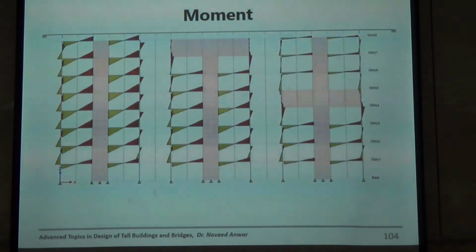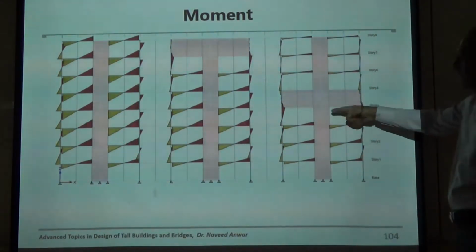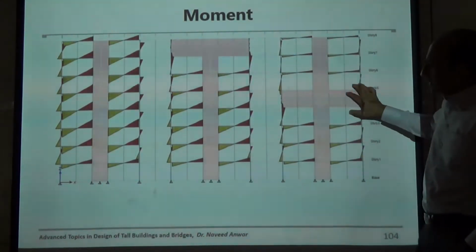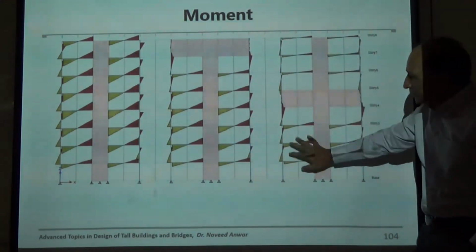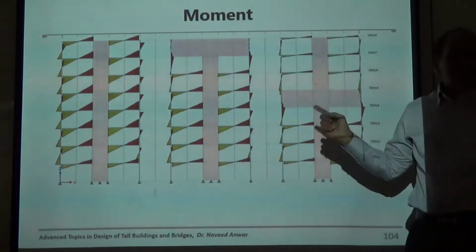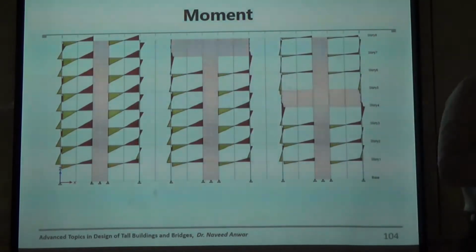Bending moment, also you can see here that the outrigger greatly reduces the bending moment in the beams. Look at this one. When you put the outrigger here, the bending moment in all the beams and columns was reduced. And this is the advantage. You can reduce the reinforcement in the beams substantially by putting one outrigger.